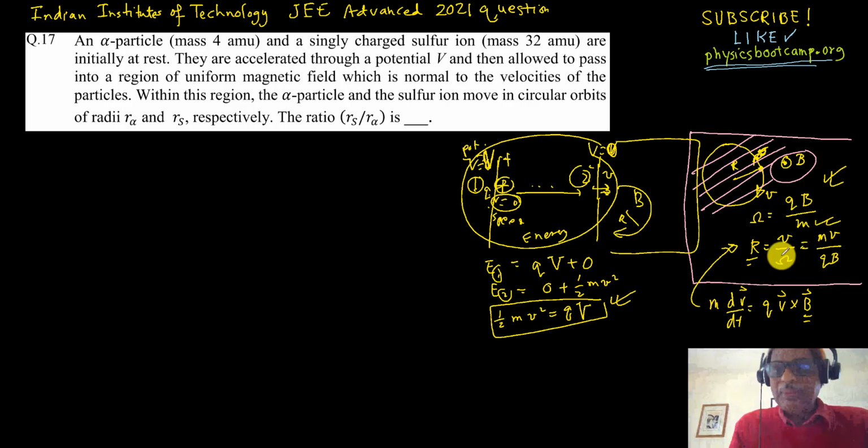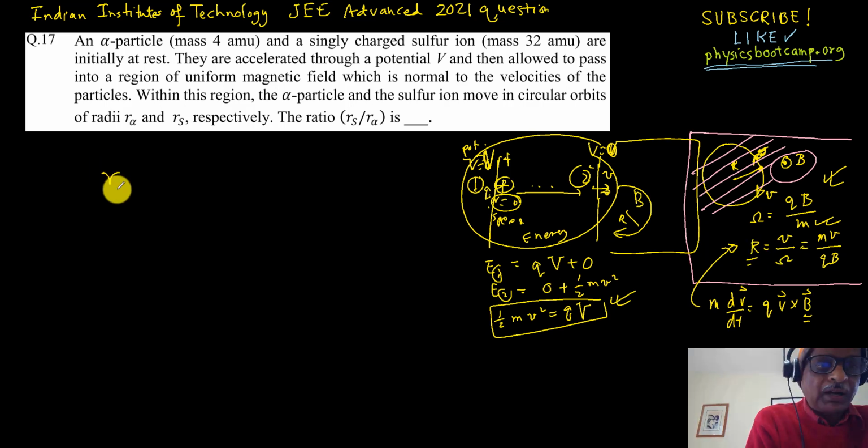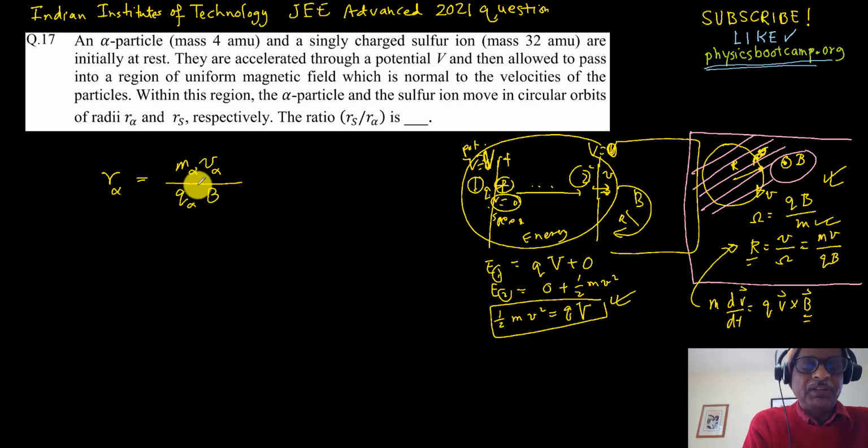Okay, so let's write down, using the radius. R for the alpha particle is just going to be m of the alpha particle, v of the alpha particle, over charge of the alpha particle times magnetic field. It's the same for both of them.